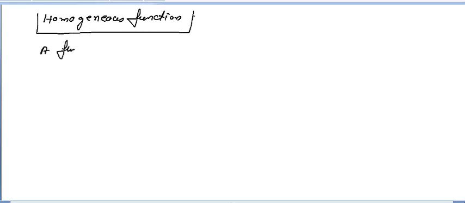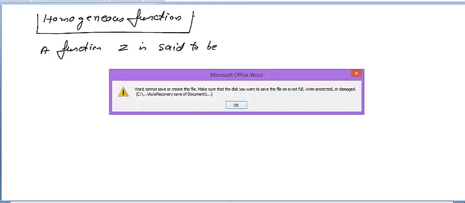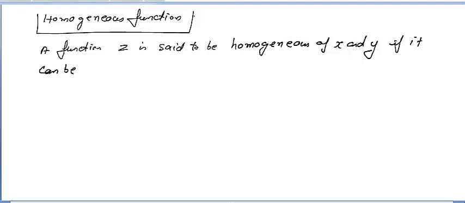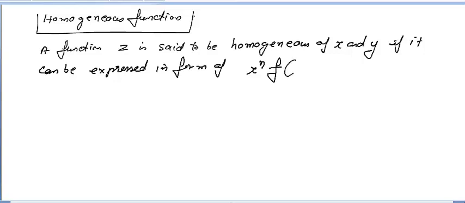A function z is said to be homogeneous of x and y if it can be expressed in the form of x raised to power n f of y over x.